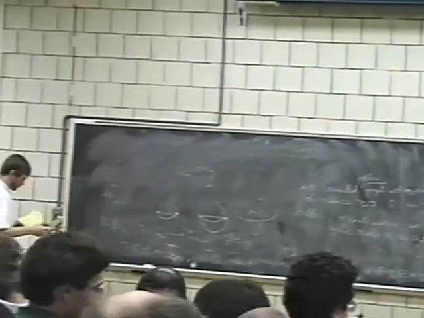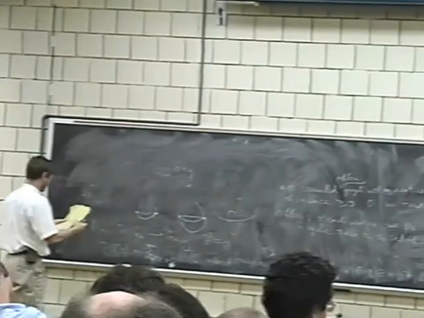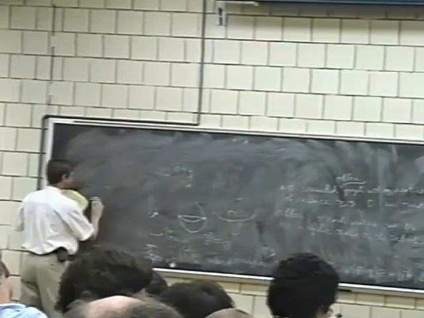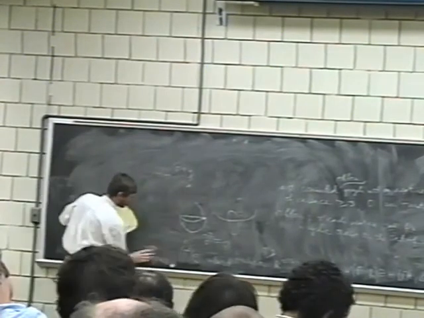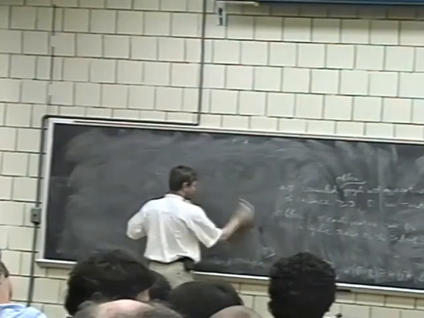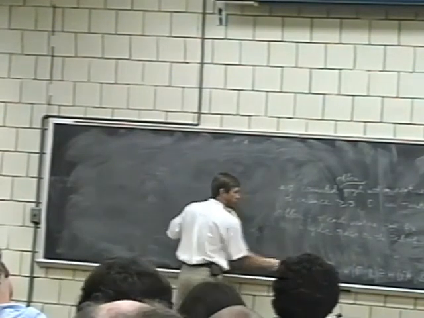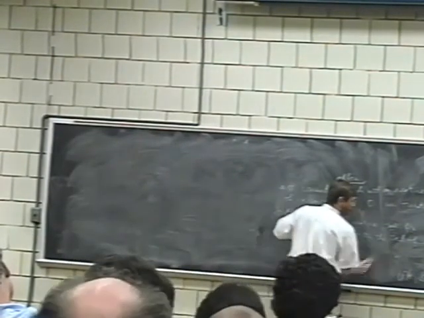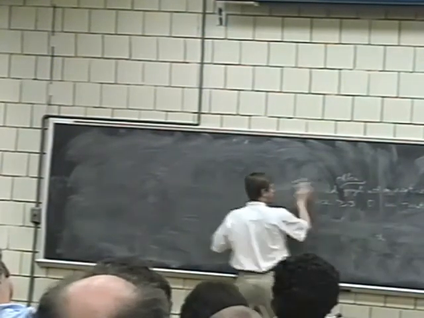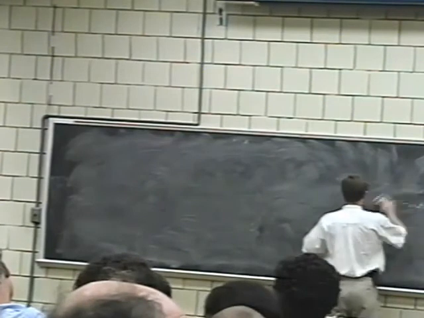Now, I want to construct really a Riemann surface, not just an oriented surface, but a Riemann surface out of a graph, using some additional information on this graph, out of a ribbon graph.